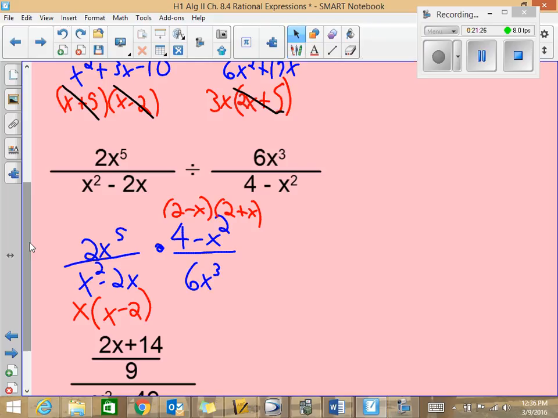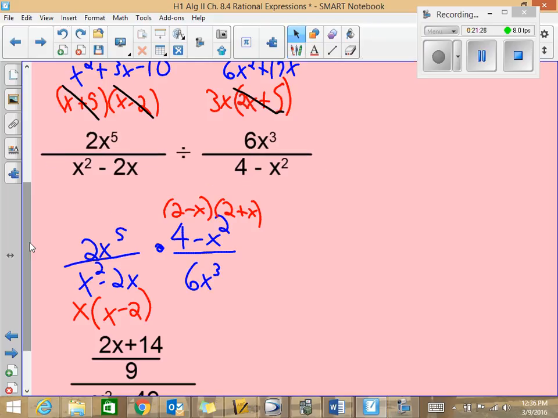Okay, now, what are we going to do about the 2 minus x and the x minus 2? Because they won't cancel. What can we do to make x minus 2 equal 2 minus x? Can we cancel out x minus 2 with 2 minus x? No, we can't.